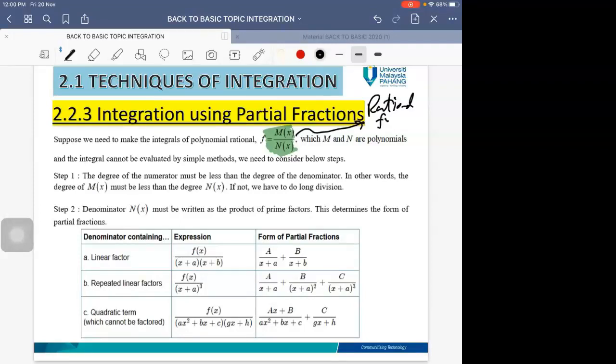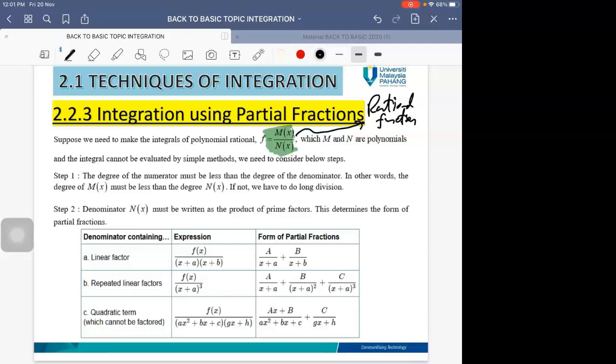So basically the idea is based on a proper fraction, pecahan wajar. Proper means that the power of your numerator is less than the power of the denominator. Kuasa function dekat atas tu lebih kecil daripada kuasa yang dekat bawah.